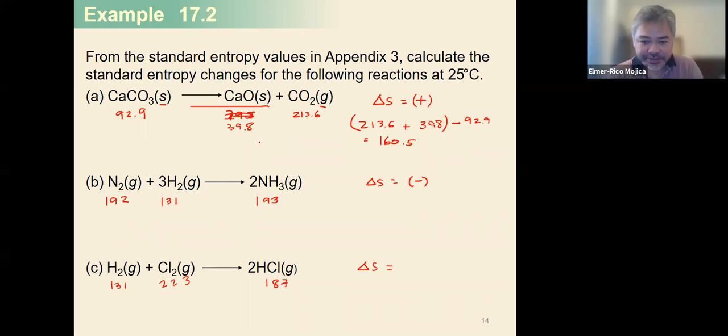And to test if it's right, the way that you're going to do it, so this is what? 2 times 193 minus 192 plus 3 times 131. And what do you get?